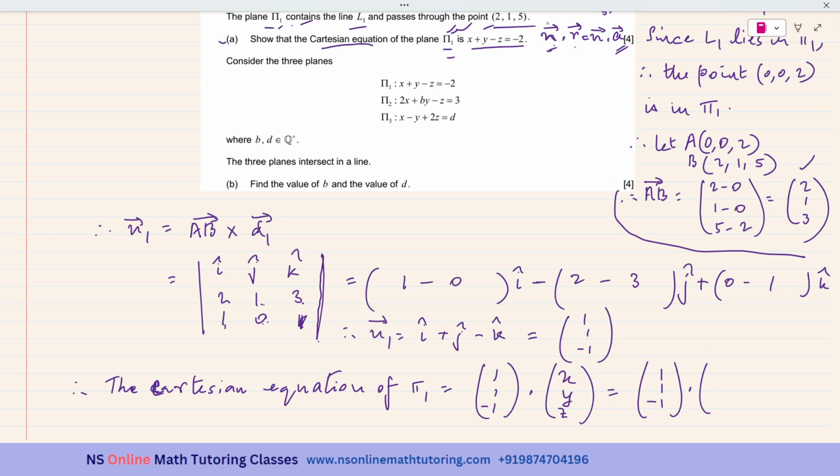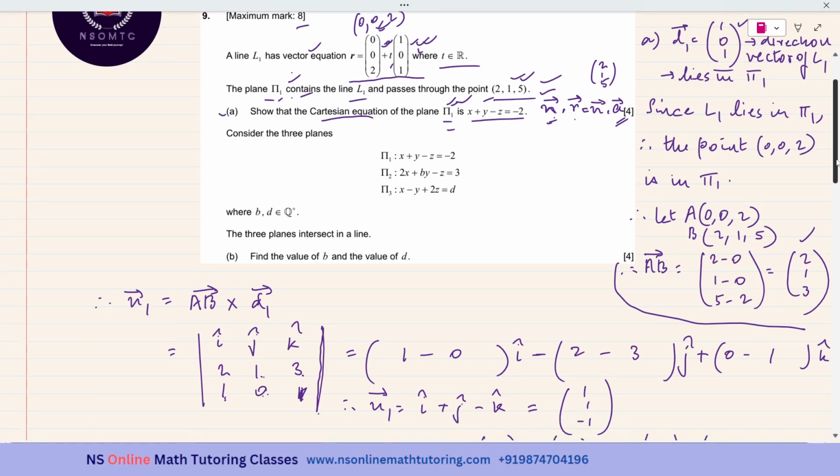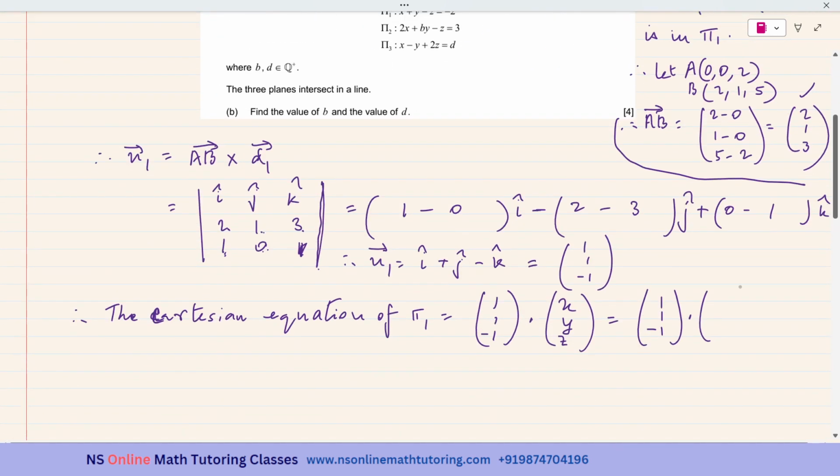I am taking 0, 0, 2. Let's see, because these two are having two zeros, point A. So let me take that. But even if you take 2, 1, 5, you will be getting the same answer. Let me show you. First of all, I am taking this.